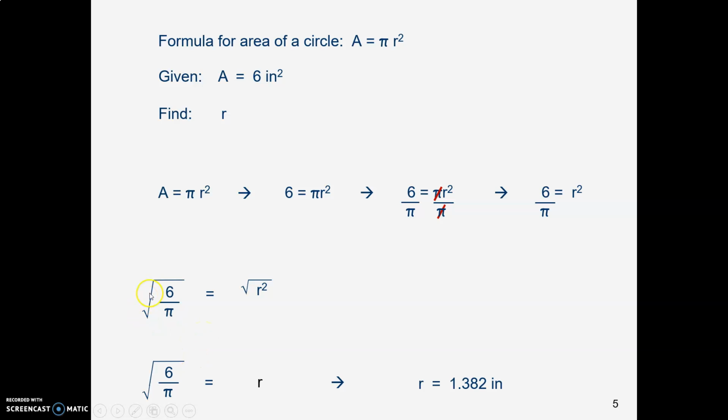Or you could punch square root, parenthesis, 6 divided by pi, close parenthesis. Either one of those will work. And I recommend you try it twice, 2 different ways if you can, maybe those 2 different ways I just suggested, and make sure you get the same answer both times. That can sometimes be a good check.